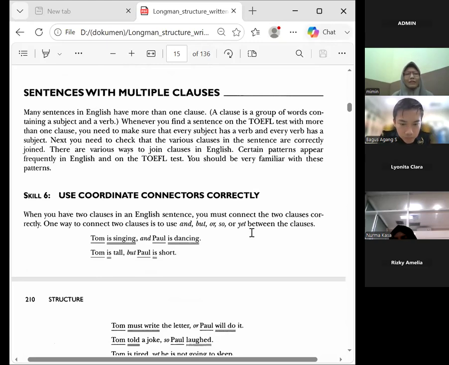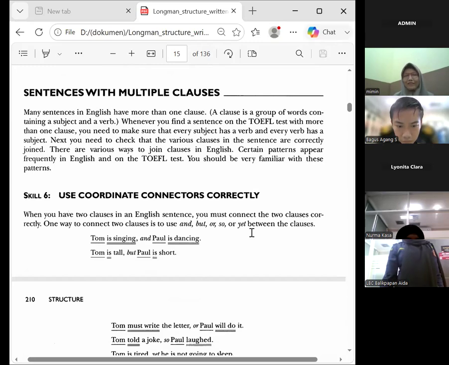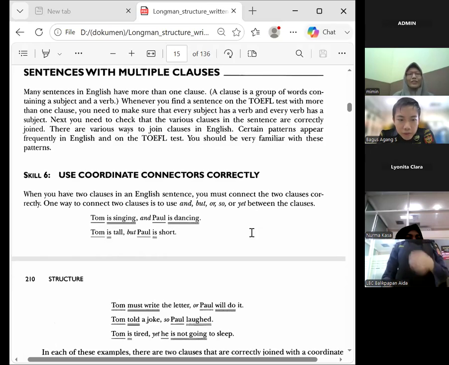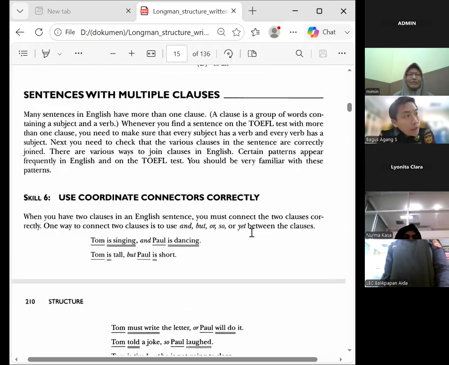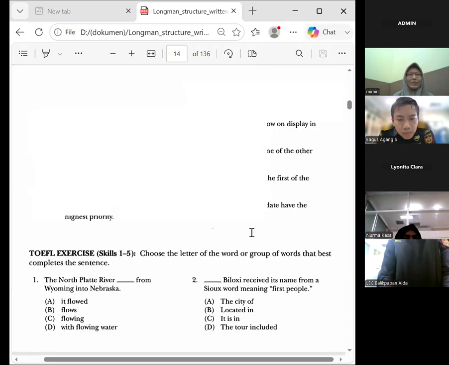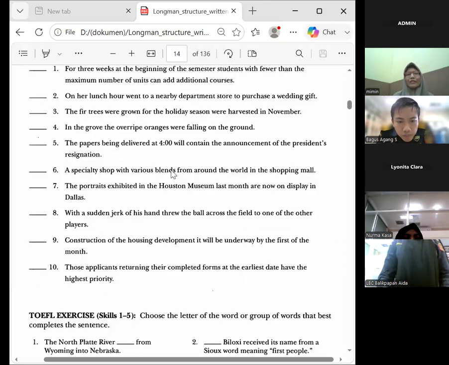Multiple clauses. Is this the same PDF file that CB usually uses for the explanation? Can we see skills 5? We are actually using the same source. This is skills 5. Hang on.